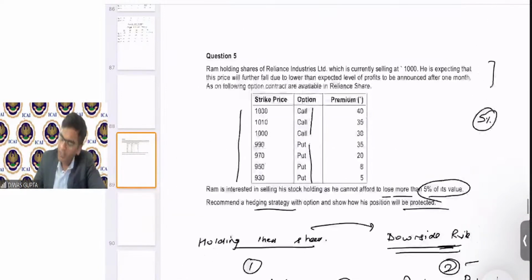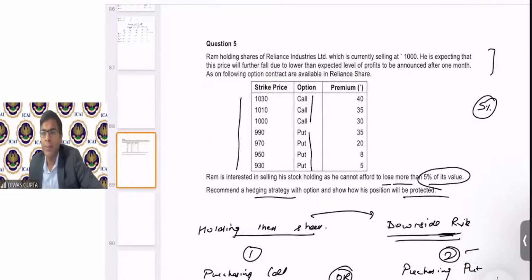Now the question comes: which put option should Ram buy? Ram's maximum loss level is 5% of its value.